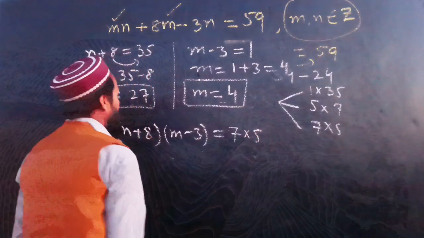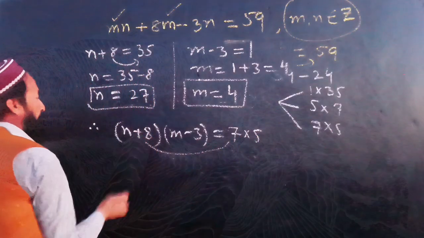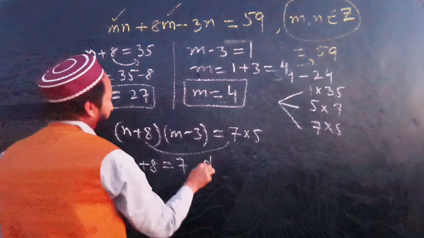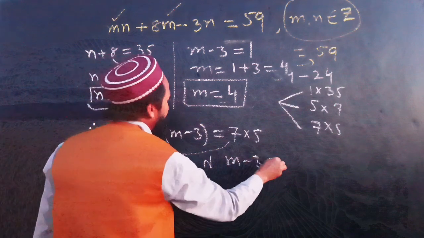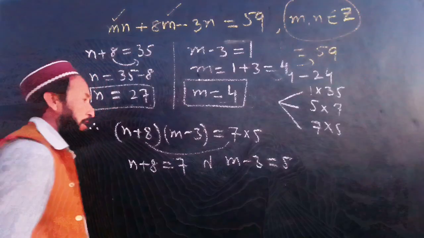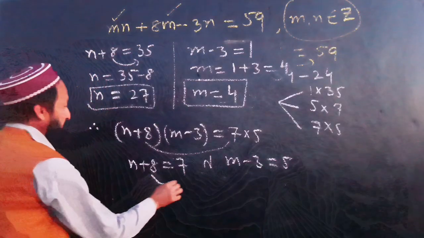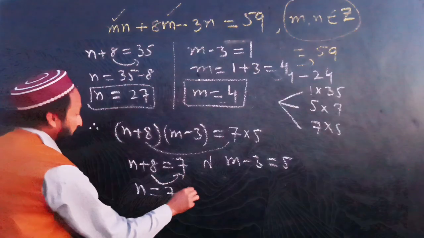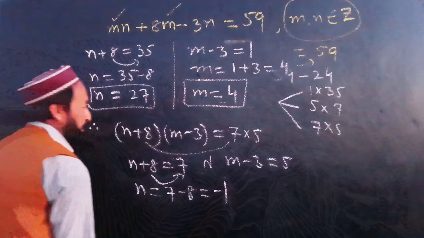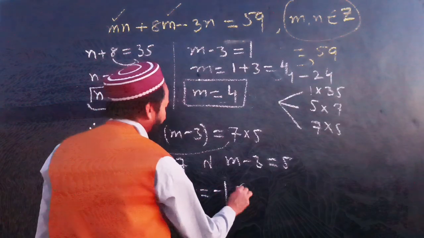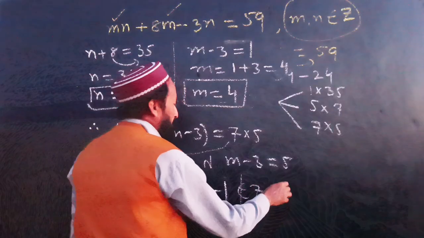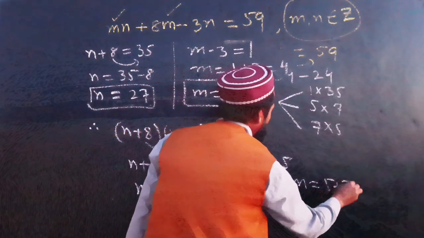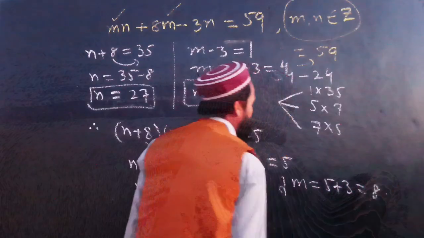Now the other case, with 7 multiplied by 5. So now we are comparing the first element with the first pair, 7, and similarly m - 3 is considered with the second term. If we check this result, n is equal to 7 minus 8 is equal to minus 1, that does not belong to positive integers. Similarly, m is equal to 5 plus 3 is equal to 8.